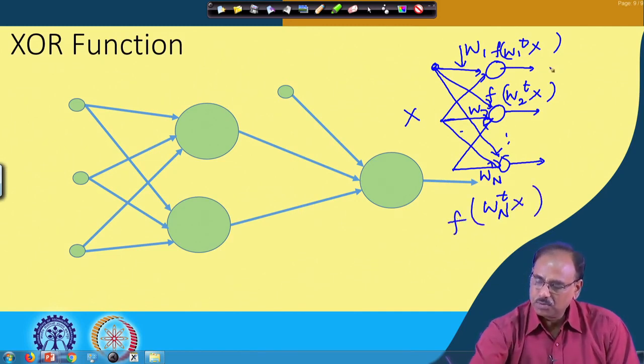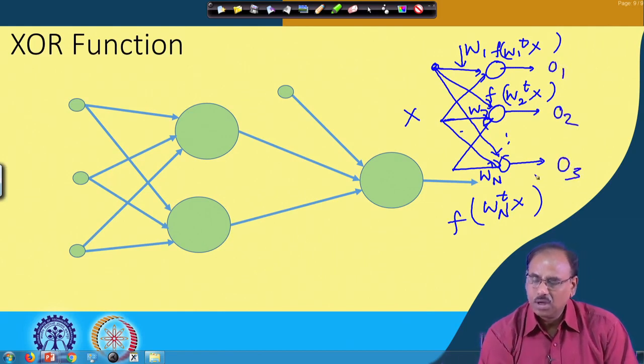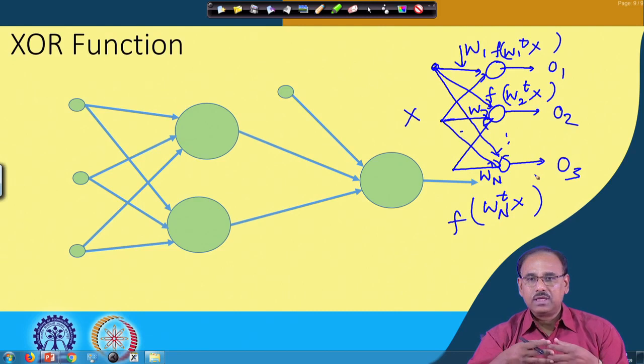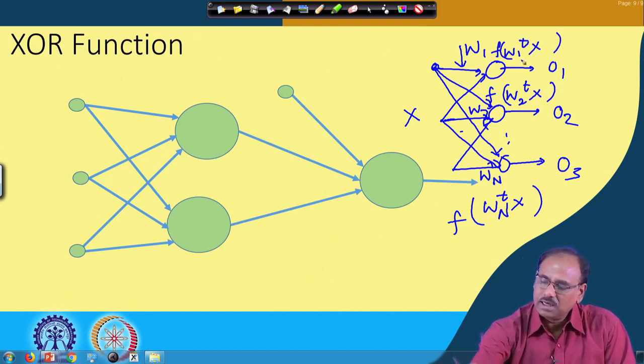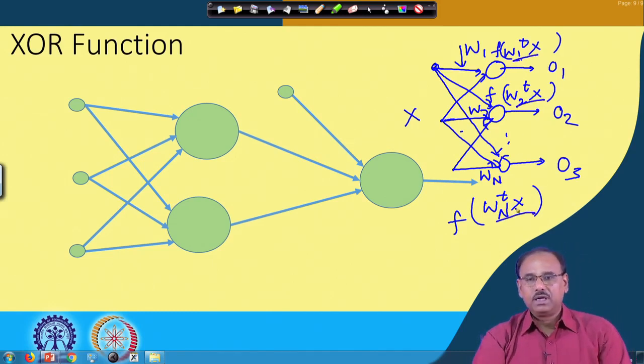So, I will get a number of outputs O1, O2 and O3, which actually give you the score values for different classes or categories corresponding to input vector x. And here you find that all these are linear combinations of different components of the input vector.